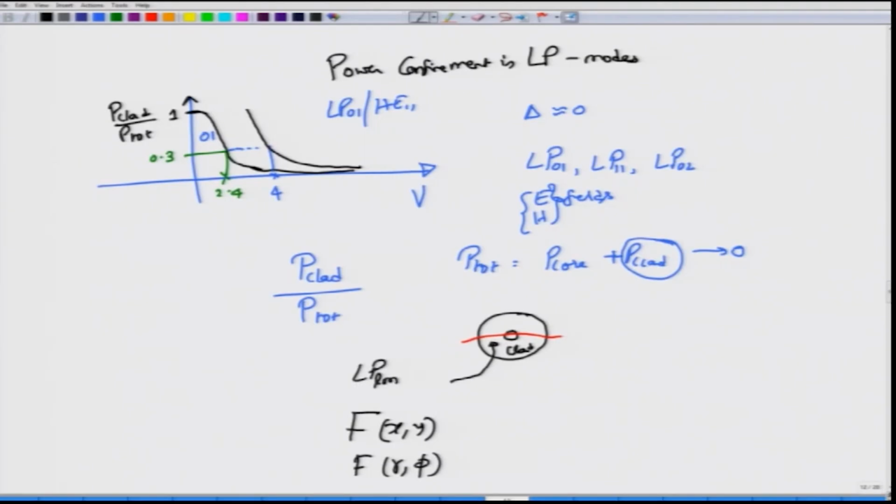But please remember these mode structures are in the transverse direction, because along z they would all be propagating as e to the power minus j beta_LM z, where beta_LM is the propagation constant for the LP_LM mode, and this f of x y or f of r phi is the transverse mode distribution. Okay. Which is what we have studied so far. These are not longitudinal modes, these are the transverse modes. It is in this fashion, with the corresponding electric and magnetic fields, that light actually propagates through the optical fiber. Okay. So, this is all about LP modes.